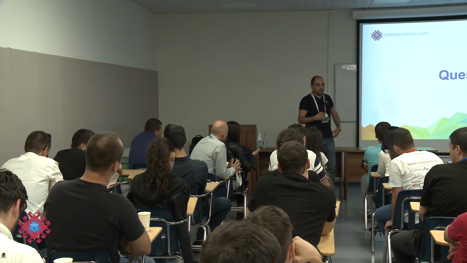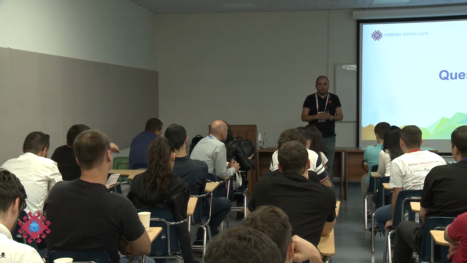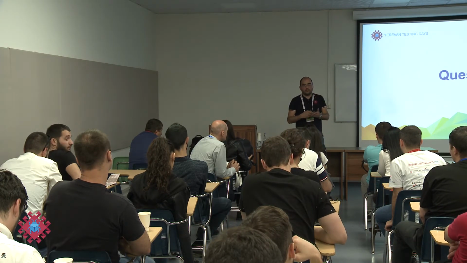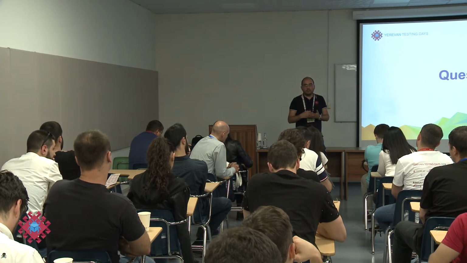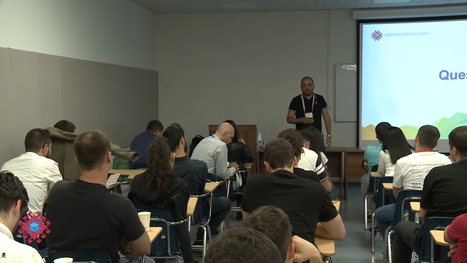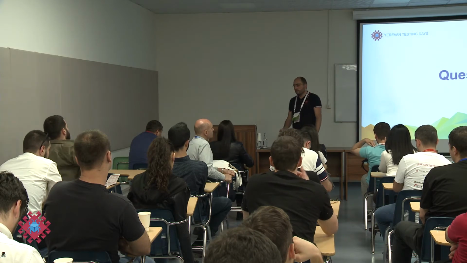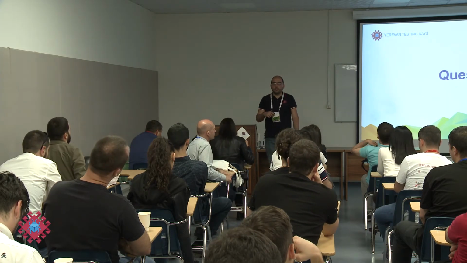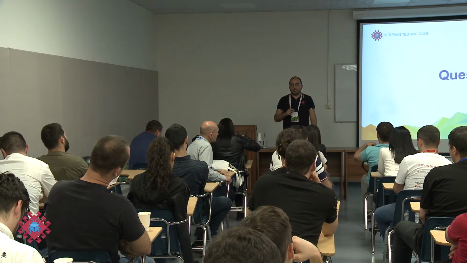Let me answer the question. I don't know whether I understand correctly. So the first part is comparing two versions of your product to find the performance changes, whether it's improvement or degradation. What we are doing is, for new features and new versions, we do deep performance tests for these new features.